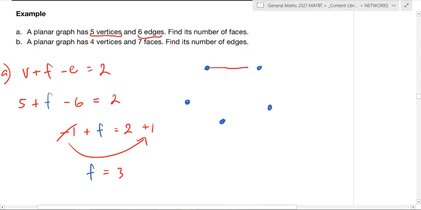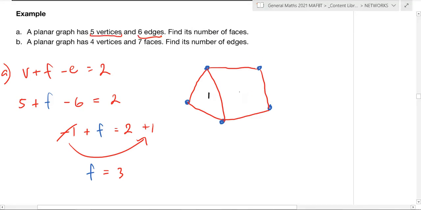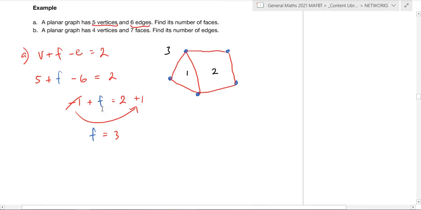I can do this connection here because now this formula makes sense with this graph. How many faces? 1, 2, and remember the outside is also a face. So 1, 2, 3 faces. So that formula makes sense.